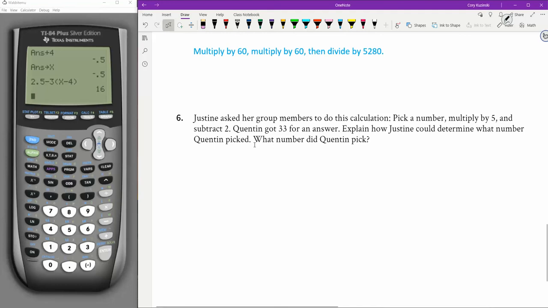Justine asked her group members to do this calculation. Pick a number, multiply by 5, and subtract 2. Quentin got 33. Explain how Justine could determine what Quentin picked. Well, she just wants to do it in the opposite order.